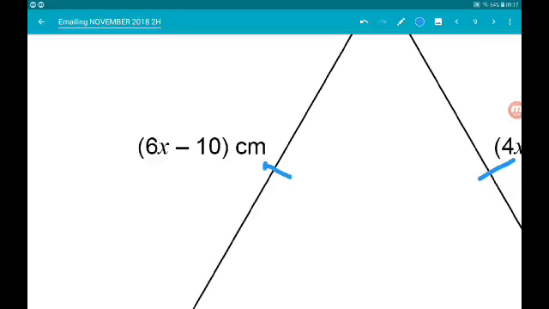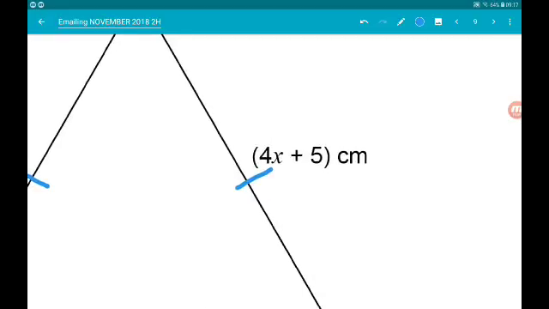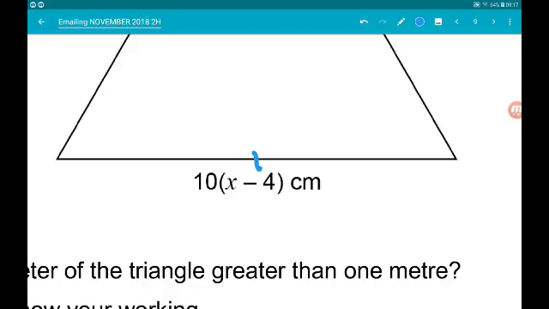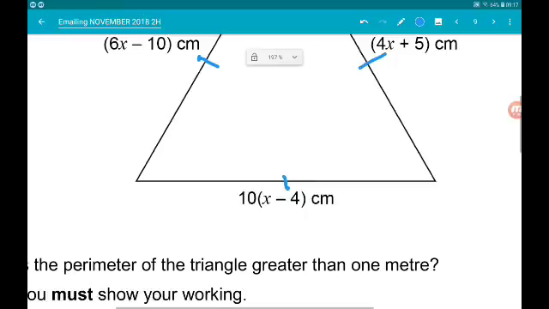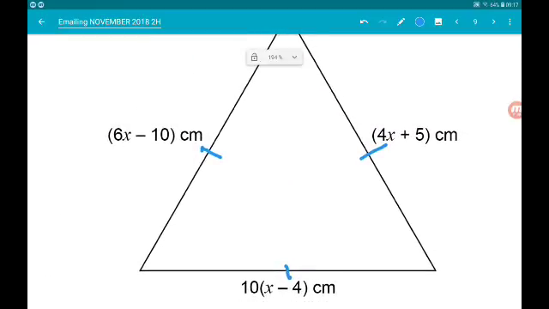So we got 6x add 10, we got 4x add 5, and we've got 10 lots of x minus 4. Now, what this question really is about is forming and solving an equation. We need to find the value of x to be able to find the perimeter of the triangle.